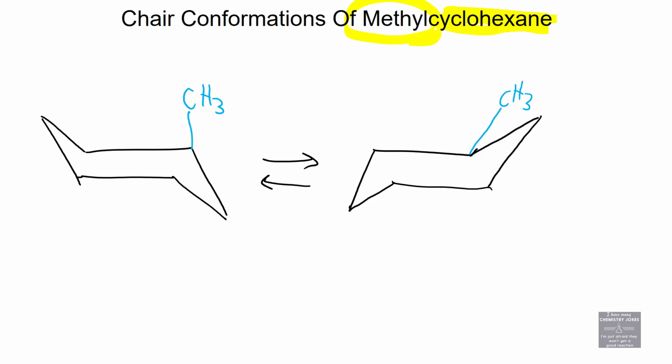Just like before, I'm going to choose to look down this bond and that bond of my Newman simultaneously. Remember, this is the front. I realize that's not very legible. And the back. So I'm going to look at this leftmost example and put it in a Newman.